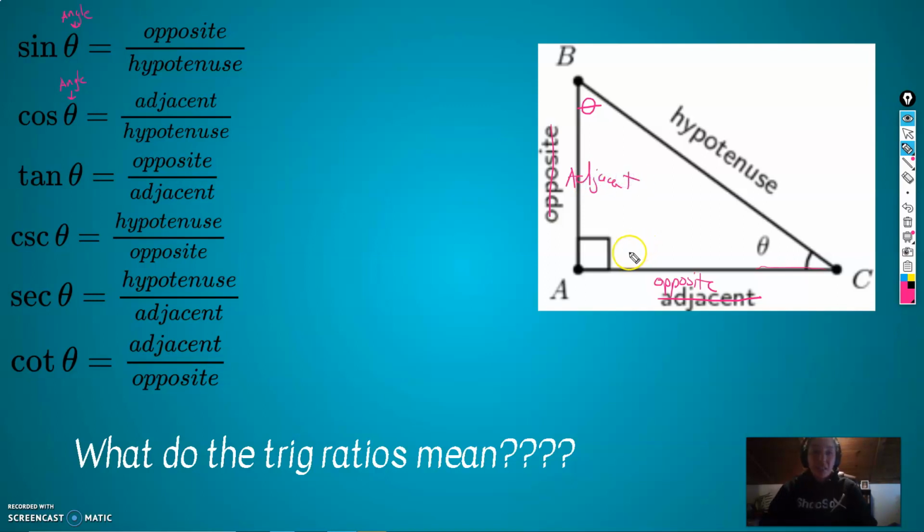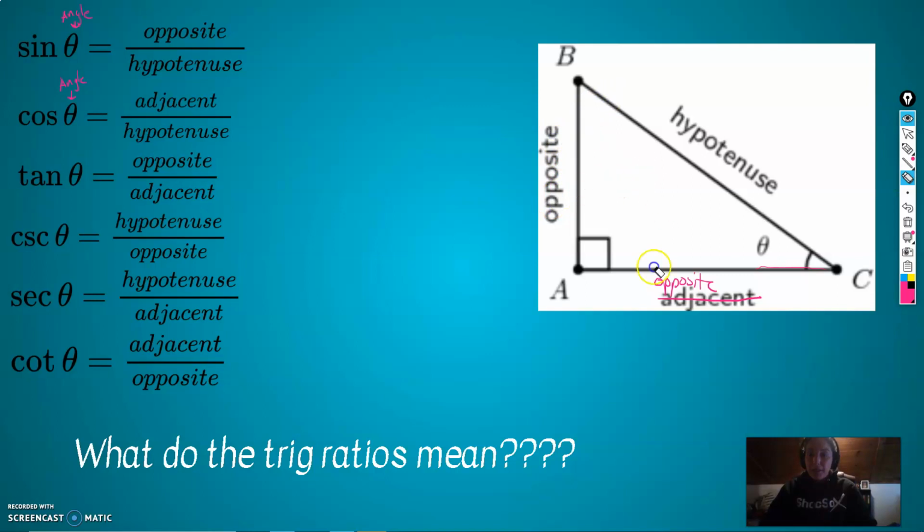So adjacent and opposite can change depending on the angle you're referencing. Just always remember, adjacent means touching, and it's not the hypotenuse. The hypotenuse is set no matter what angle you're looking at. Okay.